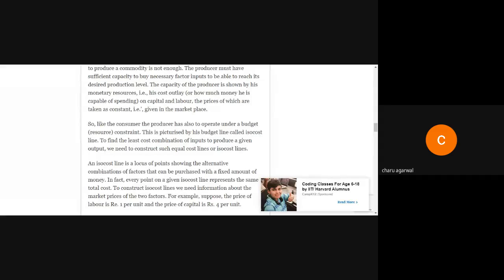Present. Deepika. Girish. Himani. Present, ma'am. Jaya. Kashish. Meghna. Present, ma'am. Mehul. Parveen. Present, ma'am. Muskan. Muskan Agarwal. Present. Okay. Yes, ma'am.